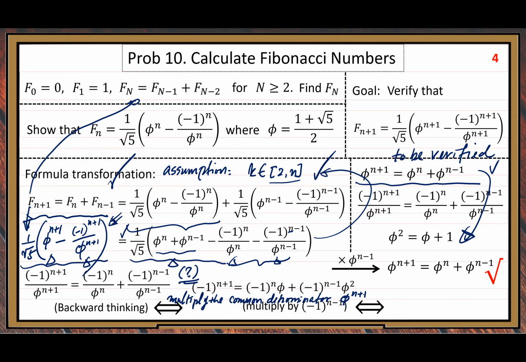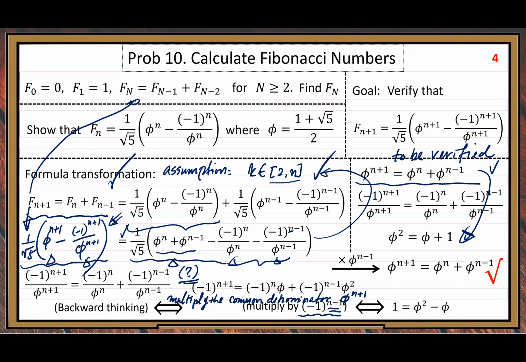The next step: this time multiply, because there is a sign part. Still not quite right, we need to fix the sign part. So multiply -1 to the n minus 1 power. After that, we get 1 equals phi squared minus phi.